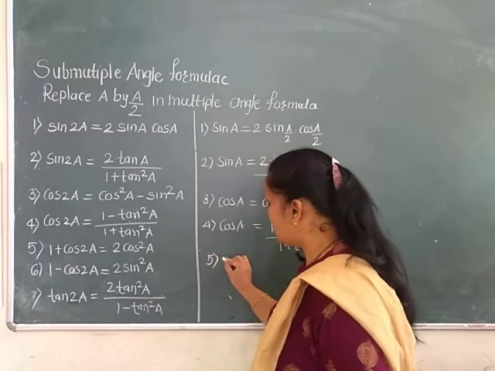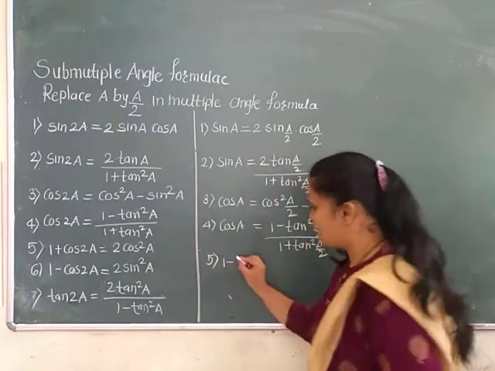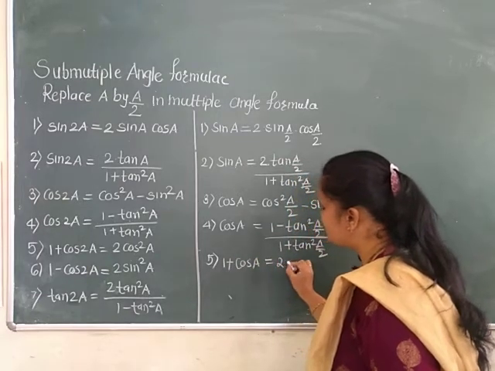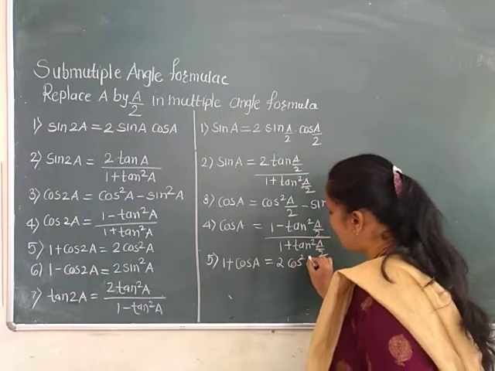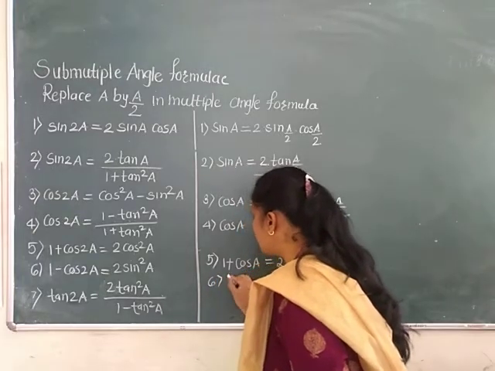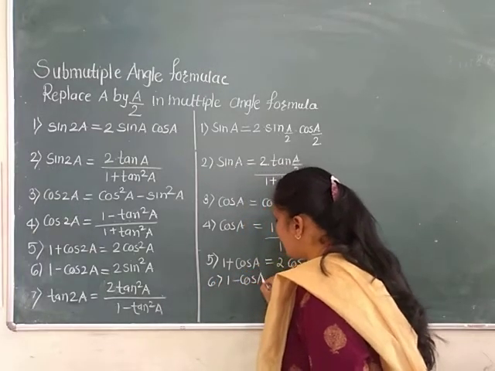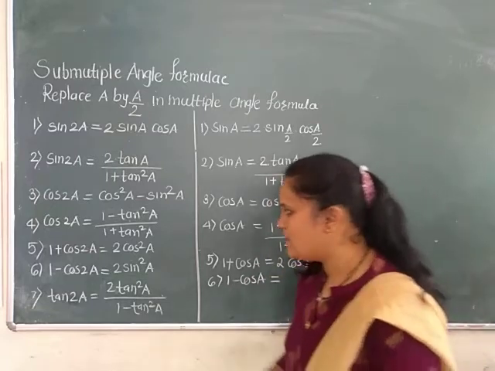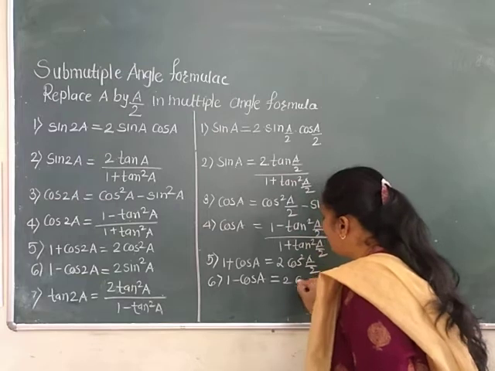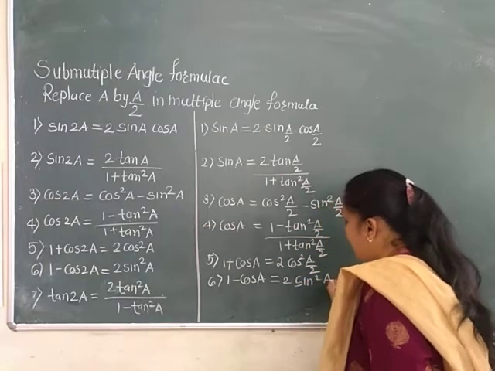Fifth formula: 1 plus cos a will be equal to 2 times cos square a by 2. Then sixth formula: 1 minus cos a is equal to, now this a is replaced by a by 2, so it becomes 2 into sin square a by 2.